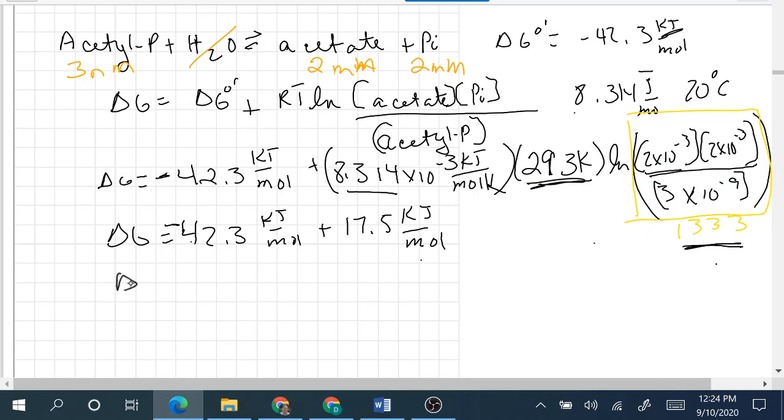So we get delta G is equal to negative 24.8 kilojoules per mole. Okay, and that means that this reaction will proceed in the forward direction.